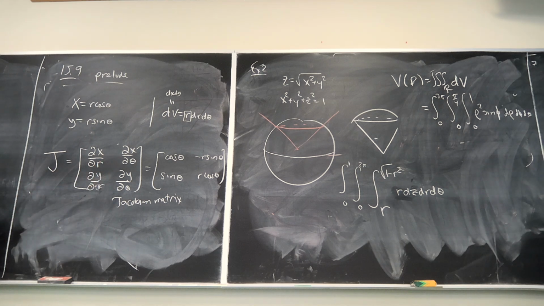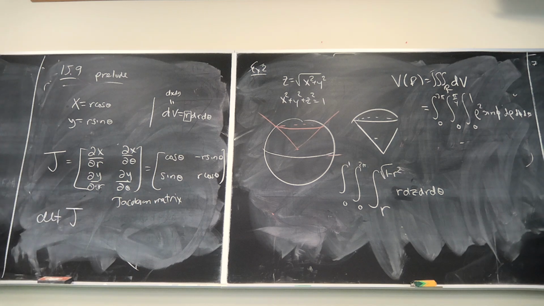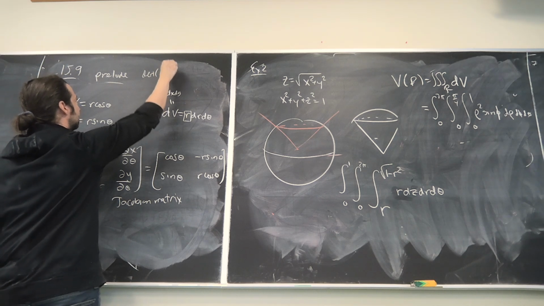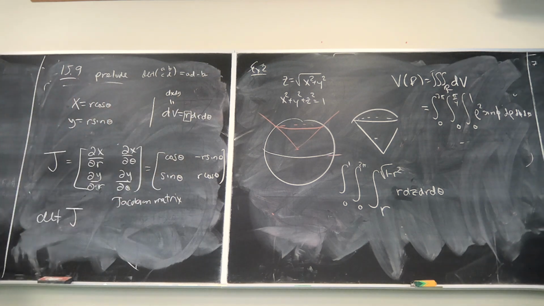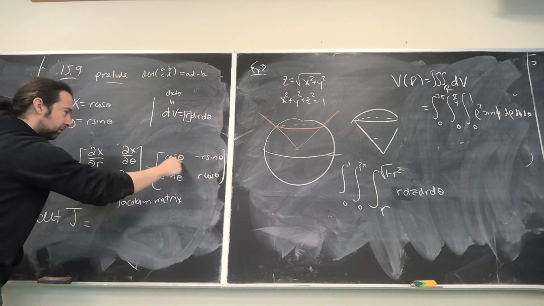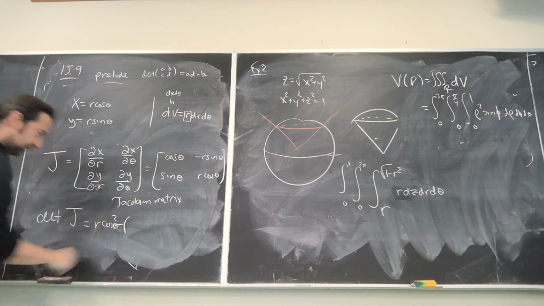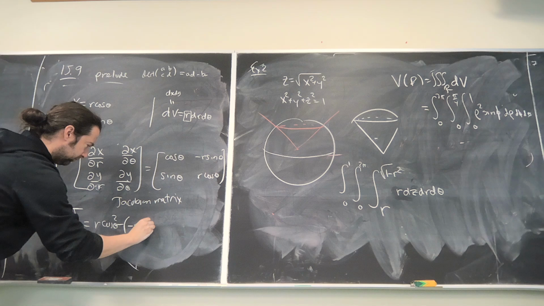And then I'm going to calculate its determinant. The determinant of J. So the determinant of a 2 by 2 matrix, if I take the determinant of A, B, C, D, that's AD minus BC. So if I do that, I get r times cosine squared minus negative r times sine squared.